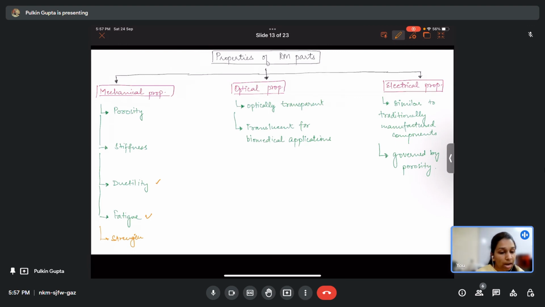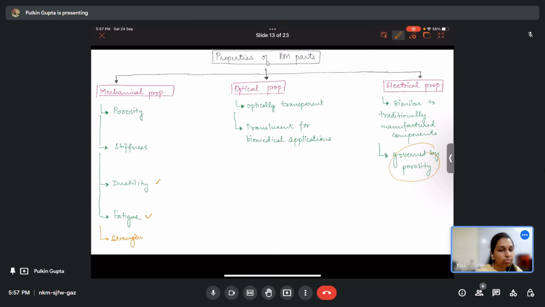Then rapid manufacturing objects are usually optically transparent and they can be processed as translucent for some biomedical applications. And then electrical properties of these rapid manufacturing parts are more or less similar to the traditionally manufactured components, and they are majorly governed by porosity, which influences the path of travel of electrons.